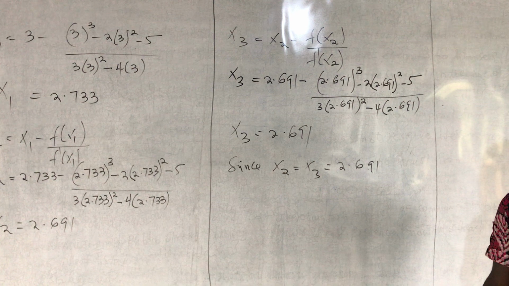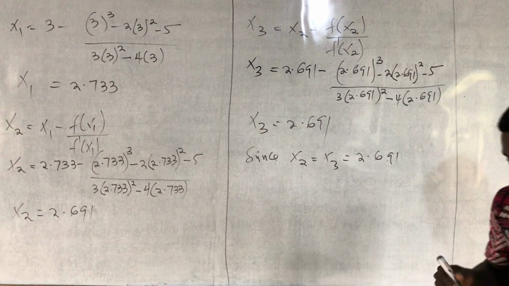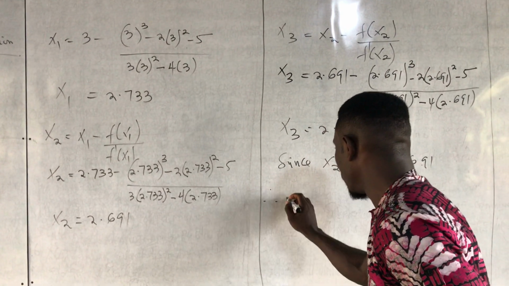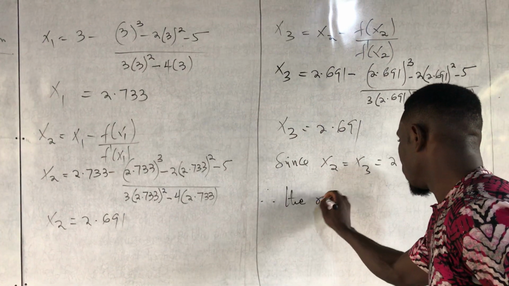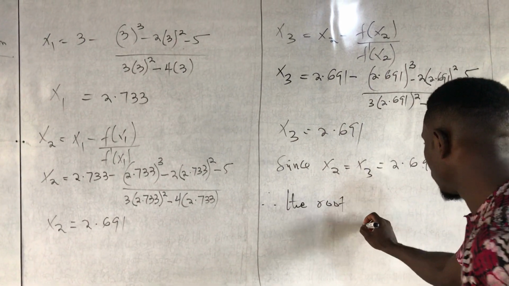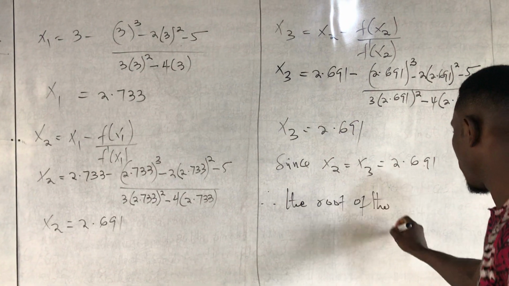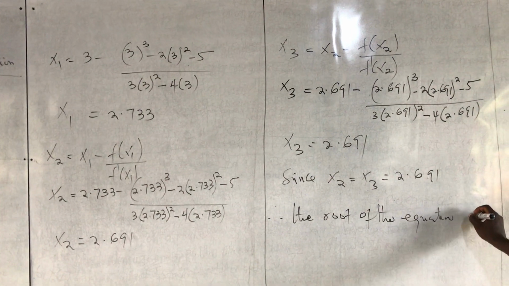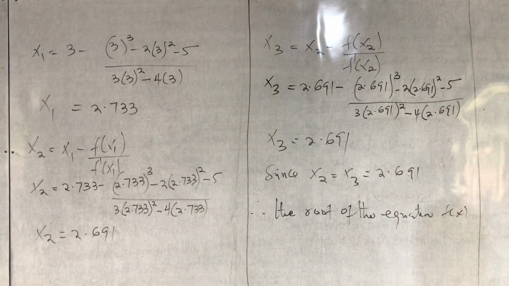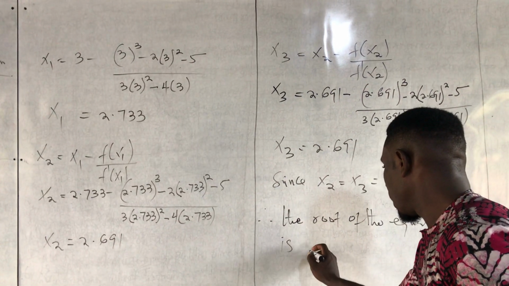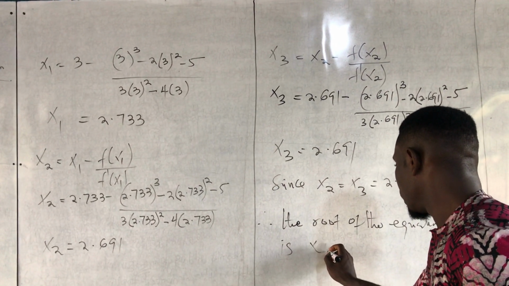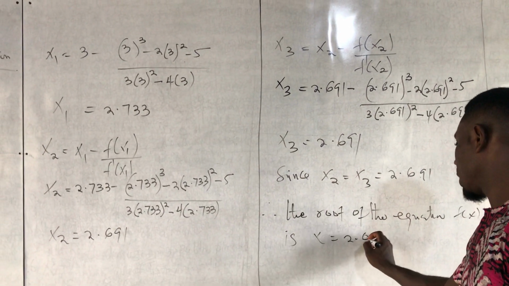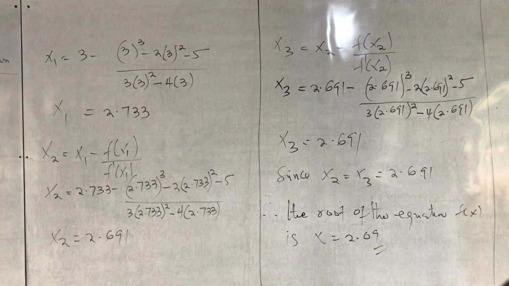Therefore, the root of the equation f(x) = 0 is x = 2.69. So that is the problem we are asked for.